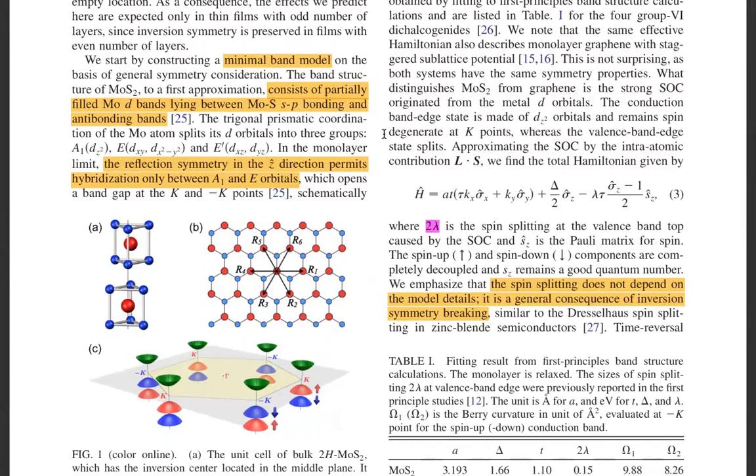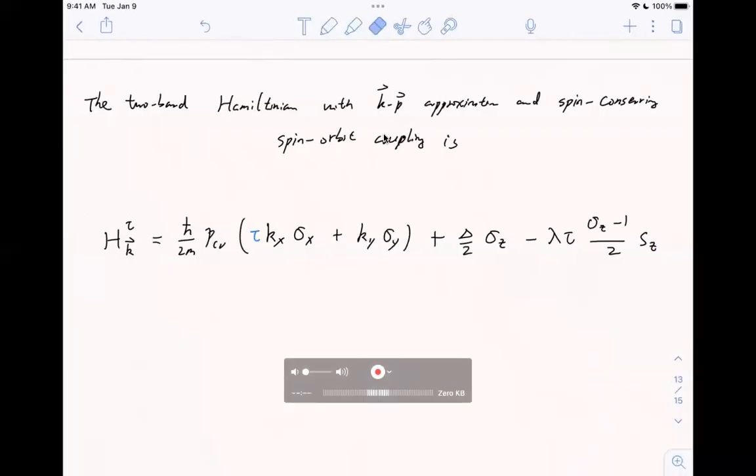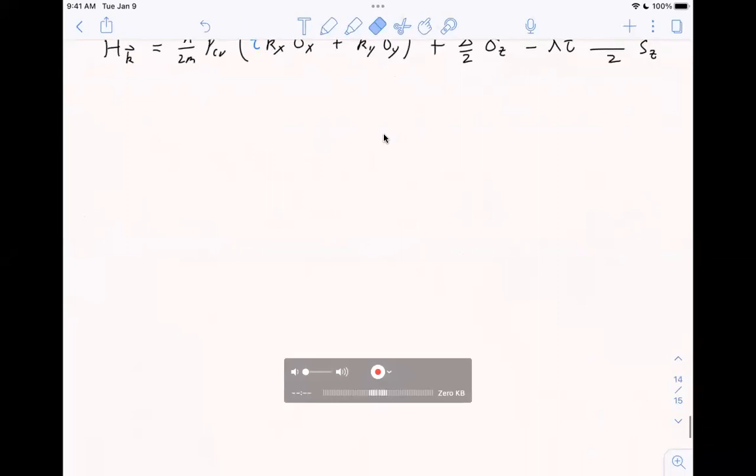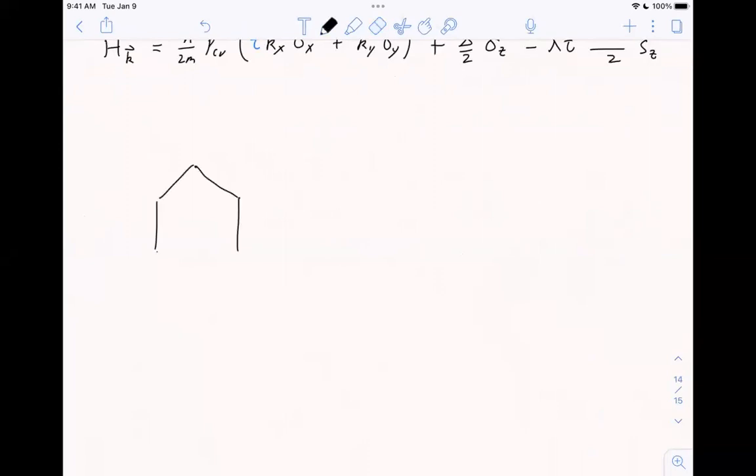So finally, I know we are running out of time. I want to point out the difference between MoS2 and graphene, because I used to think that these two materials are the same, but actually there's a significant difference. For graphene, sorry, I'm running out of time, but for the sake of completion, let me comment on this before we end.